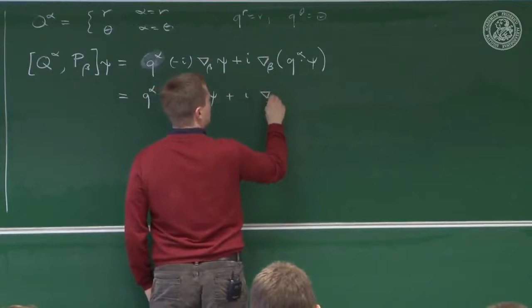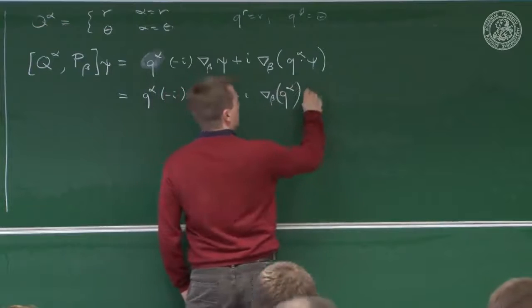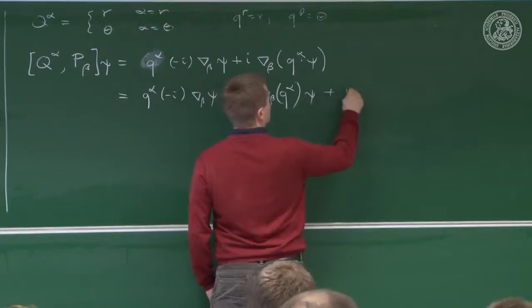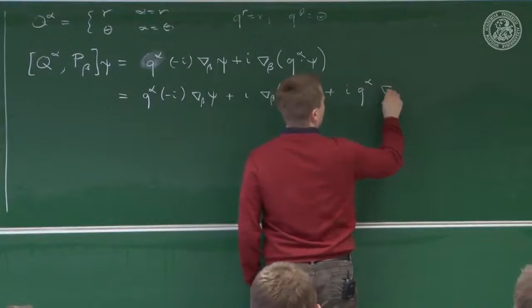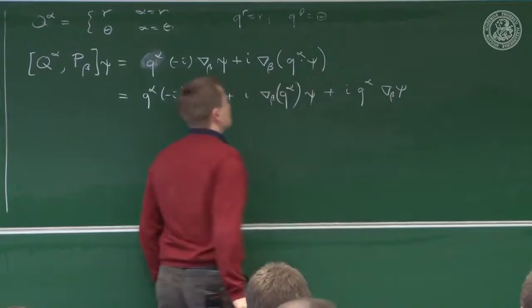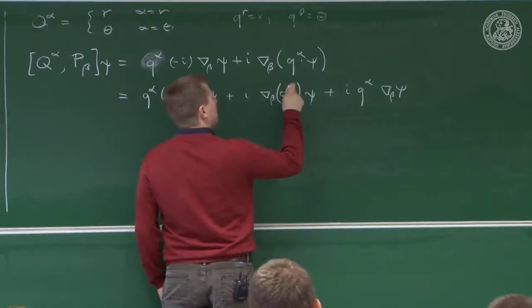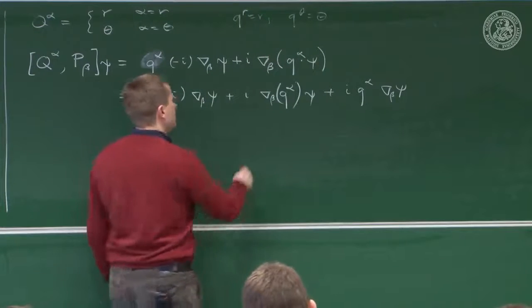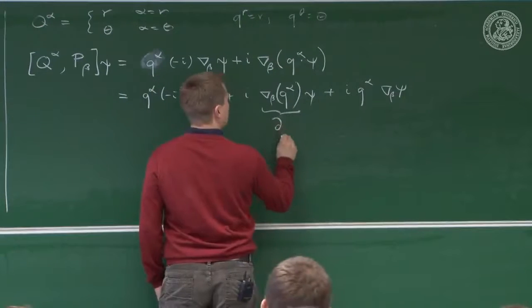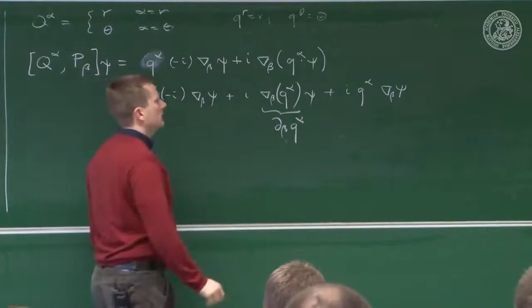Now let's write it down. So it's the Leibniz rule. It first acts on this guy, and this guy is unchanged, plus i. This guy stays there with a tensor product, if you want, and it takes this form. But now, because these are really functions, because r and theta are coordinate functions on the manifold, this simply becomes del beta q alpha, right?